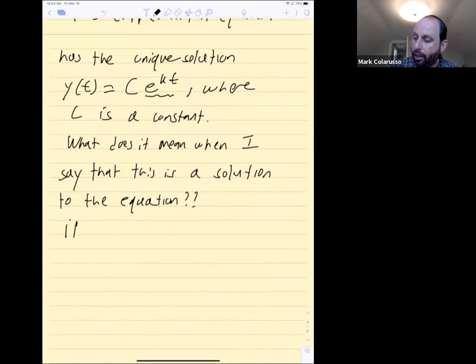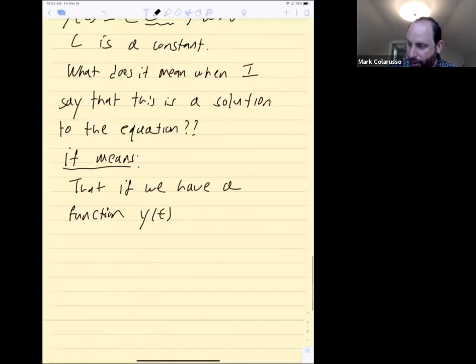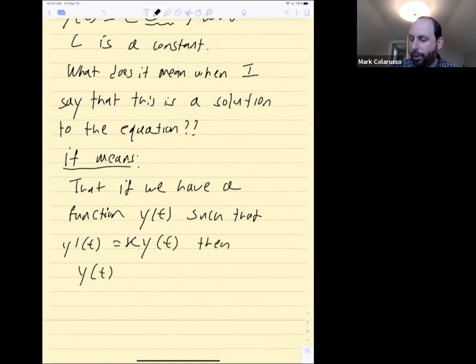It means that if we have a function y of t which satisfies the equation such that y prime of t equals k times y of t, then y of t has to be equal to c e to the kt.